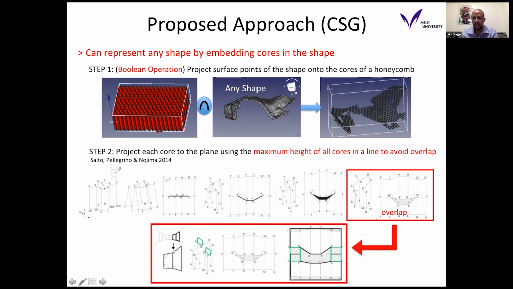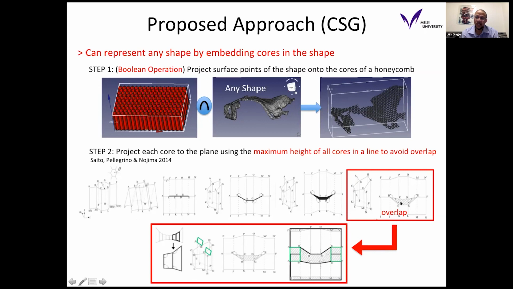In this group there will be many honeycomb cells, the amount depending on the size of a unit cell, but almost all these shapes will be included in these four cases. As described in the initial paper by Saito, Peregrino, and Nojima in 2014, the only shape that cannot be represented is the non-convex shapes, where the paper will overlap due to this non-convexity in the 3D shape.